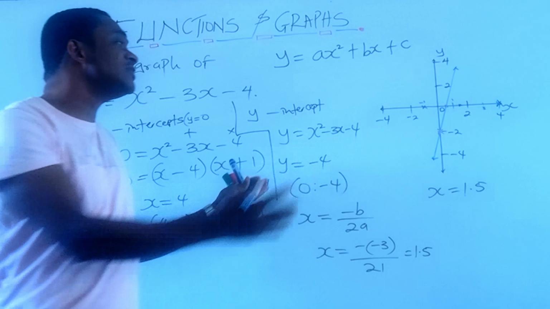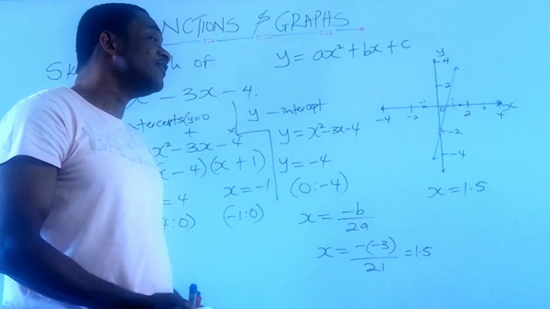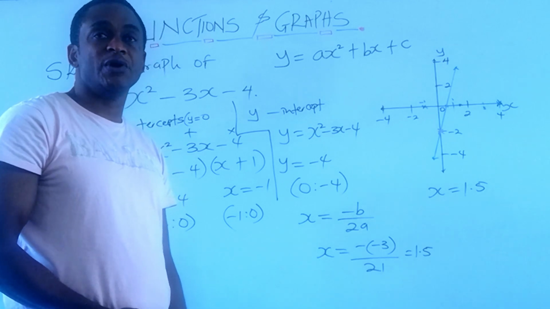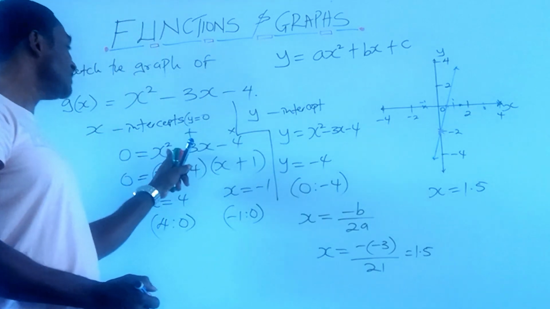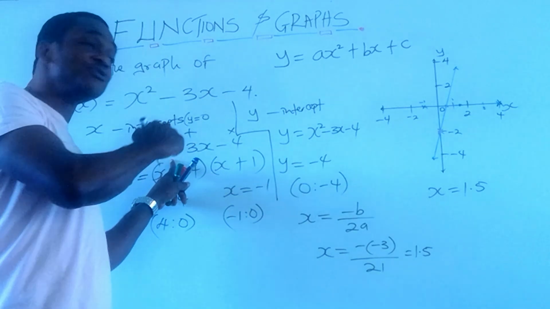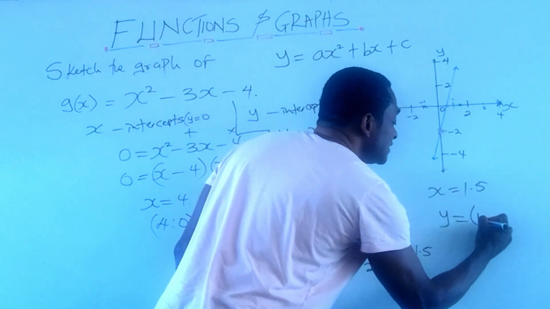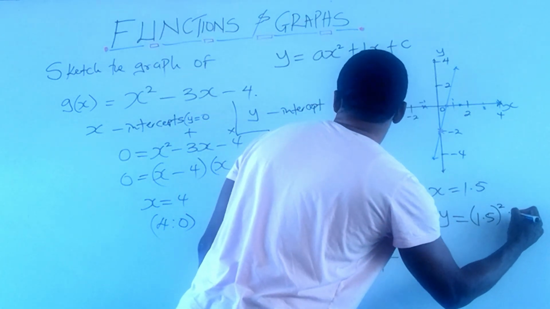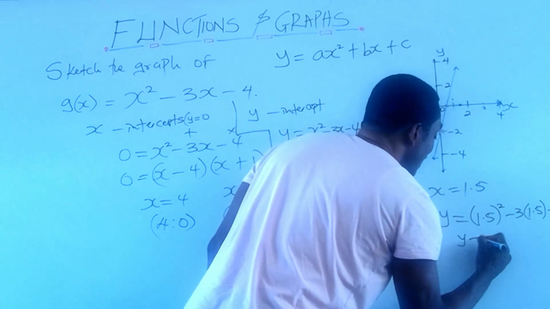So either way, if you want to do the counting and balancing, or if you want to use the formula, that will give you the x value of the turning point. To get the y value of the turning point, substitute the x value into the original equation. Anywhere we see x, we replace it with 1.5.